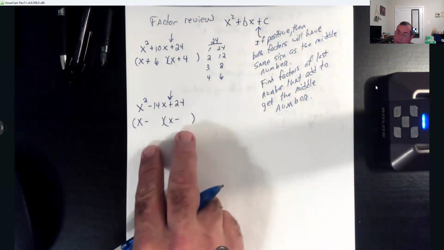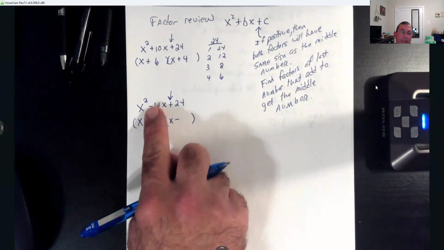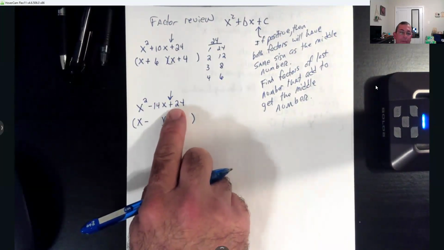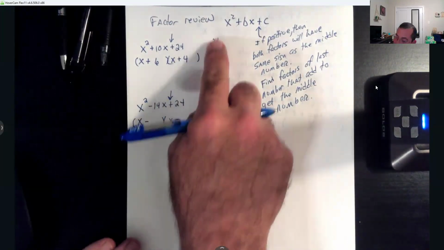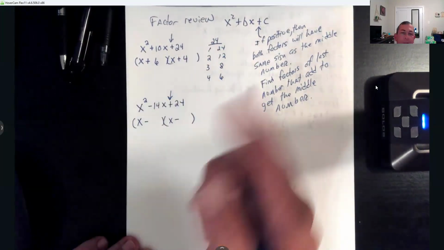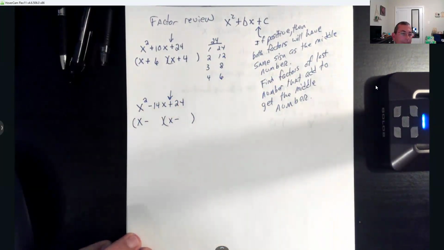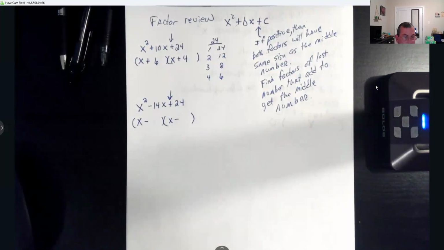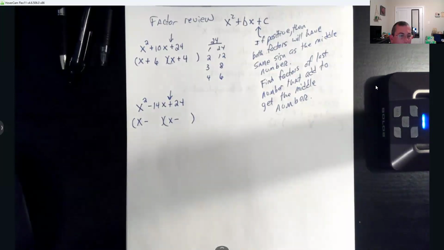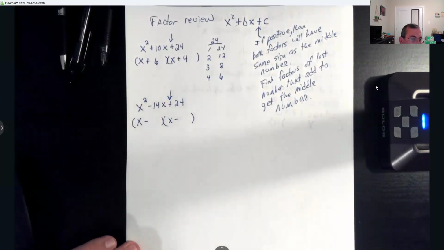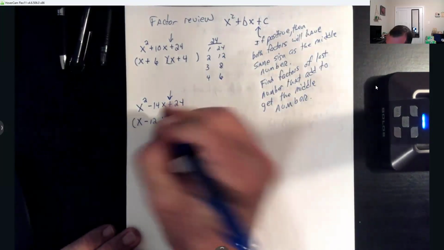So the only way to get two negatives on this is if it's negative in the middle and positive at the end. Now I got the factors of 24 up here. So what factors of 24 will equal 14?